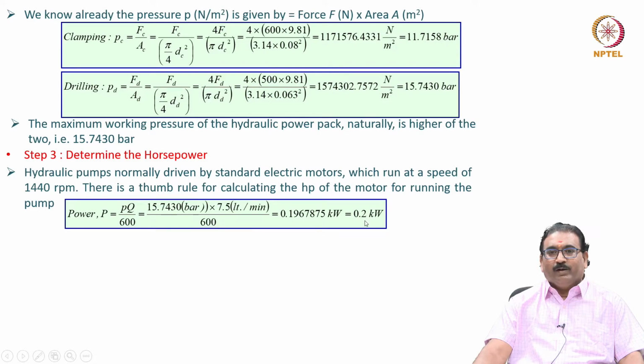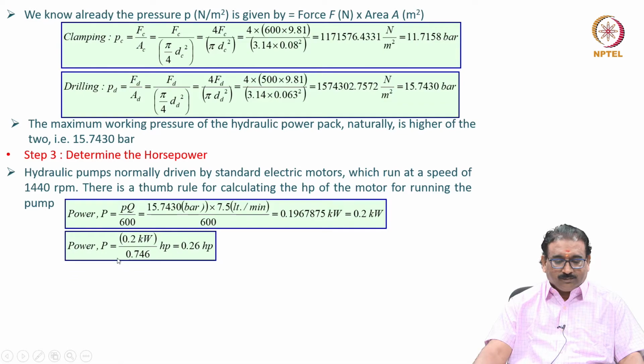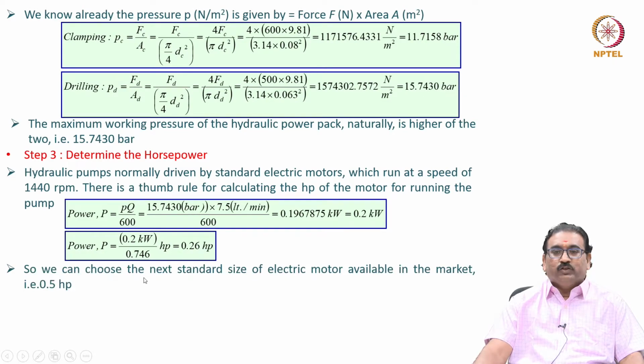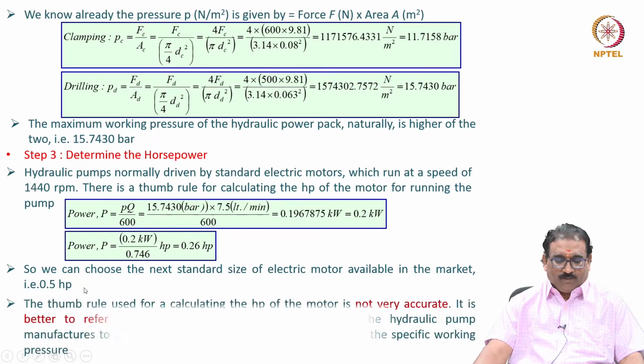I may get here how much? 0.2 kilowatt power. Then to know it in HP, 0.2 kilowatt divided by, again a unit conversion, 0.746, it will give 0.26 HP. So we can choose the next standard size of electric motor available in the market, that is 0.5 HP.